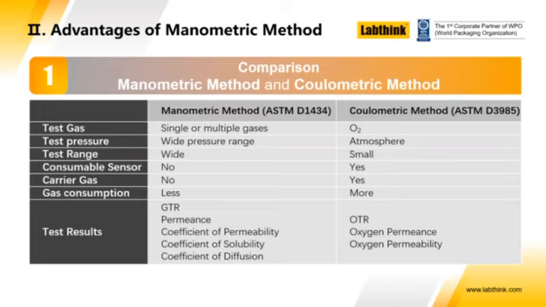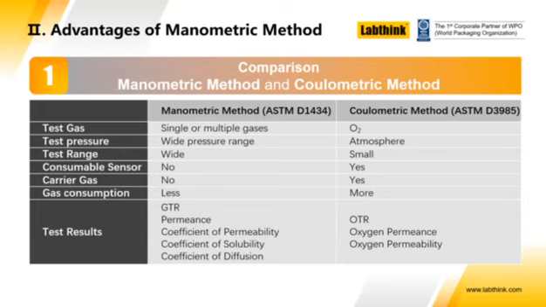And so generally speaking, the range is limited so that we can avoid over-ranging the sensor and preserve its life. So it's common for coulometric sensor-based instruments to have an upper limit of 200 cc's per meter squared for 24 hours.